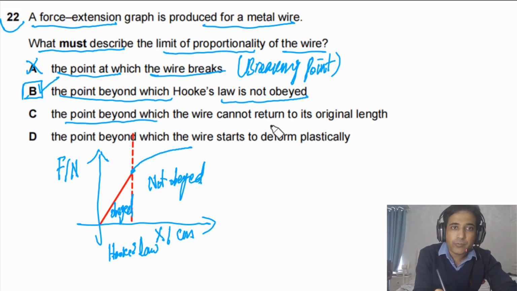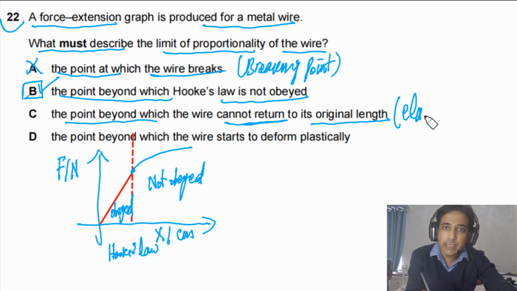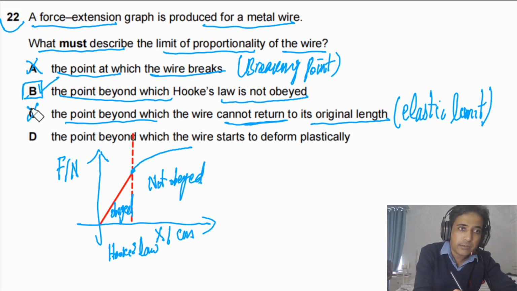The point beyond which the wire cannot return to its original length and will deform plastically, we call the end of elasticity, meaning the elastic limit. So that is not the possible answer.